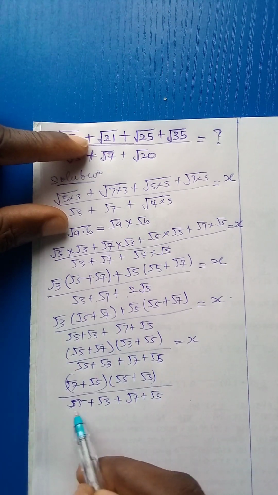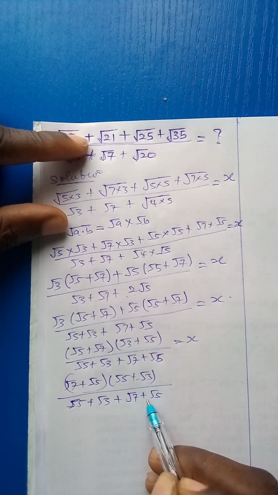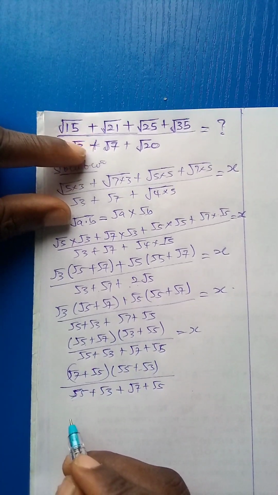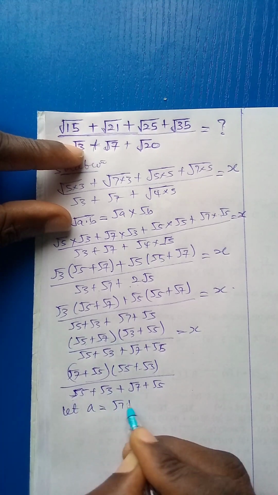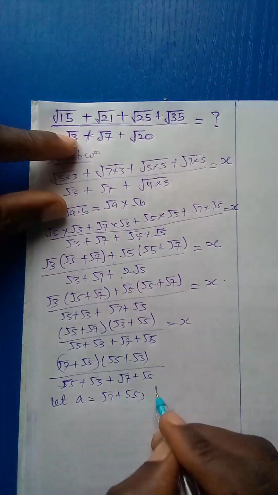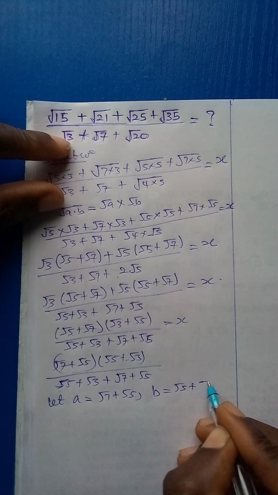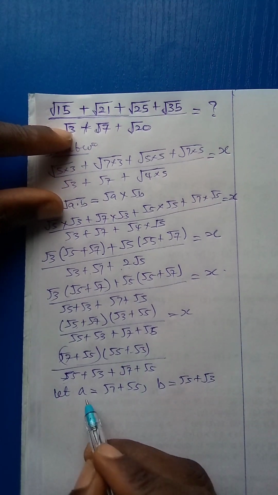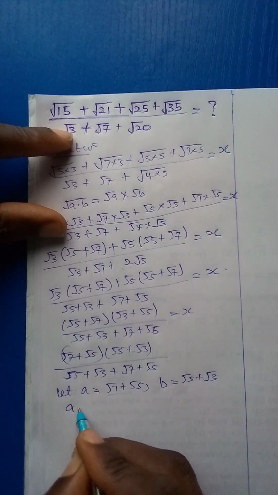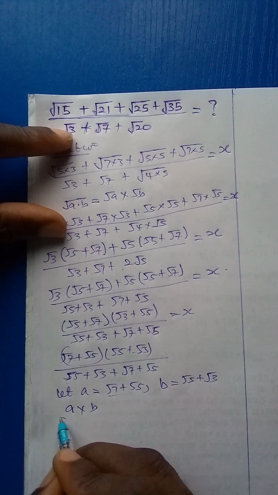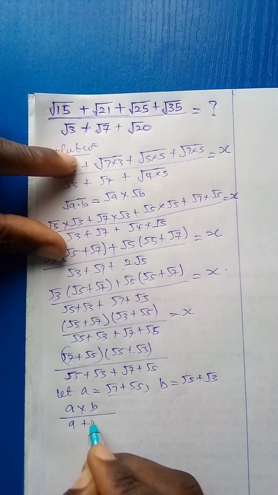Now we see this term is exactly this term and this term is exactly this term. So I will make a substitution. I will let a be root 7 plus root 5 and b be equal to root 5 plus root 3. Now putting this inside this, I have in the first case a times b all over a plus b.